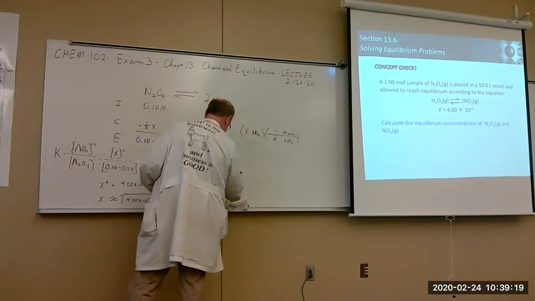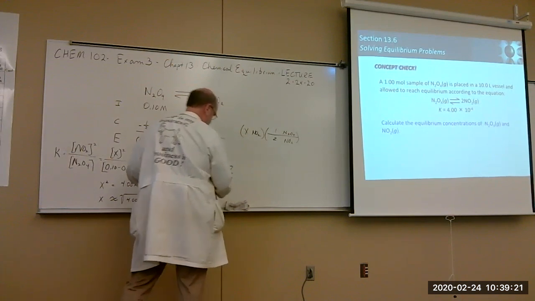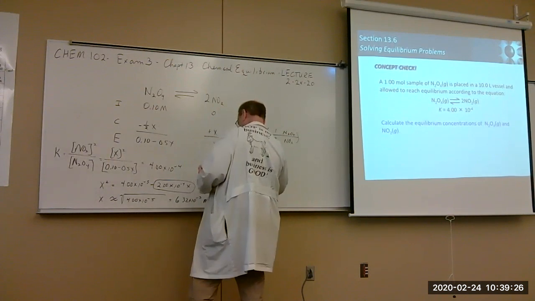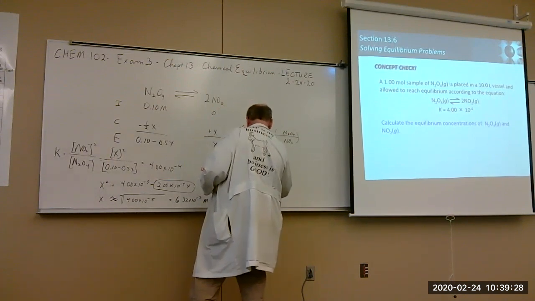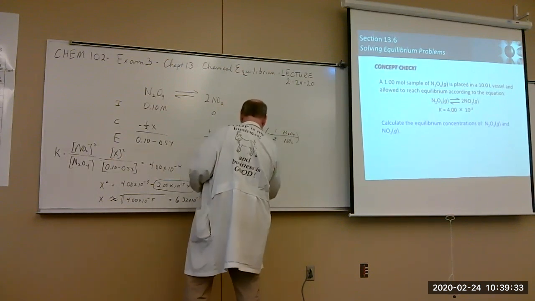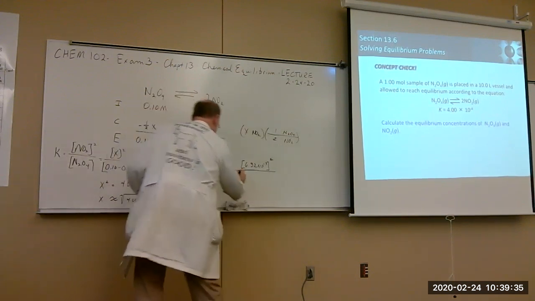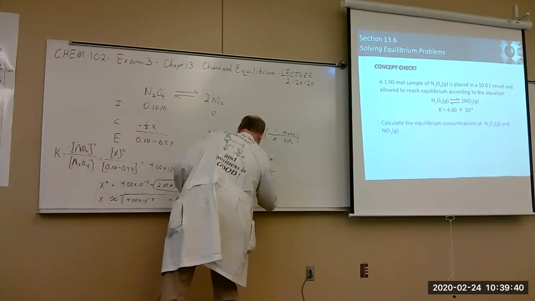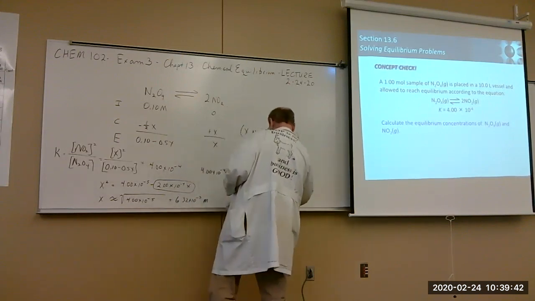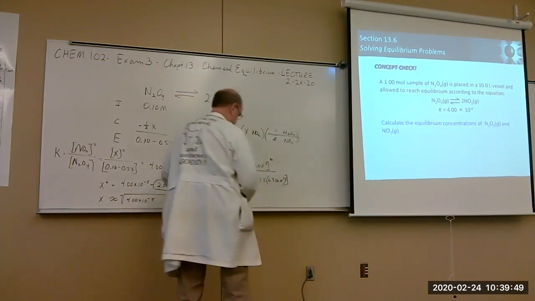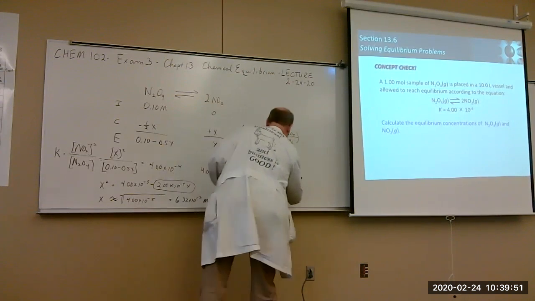And then say, is it equal to the expression? So if we say 6.32 times 10 to the minus third squared over 0.1 minus 0.5 times 6.32, then what do we get?